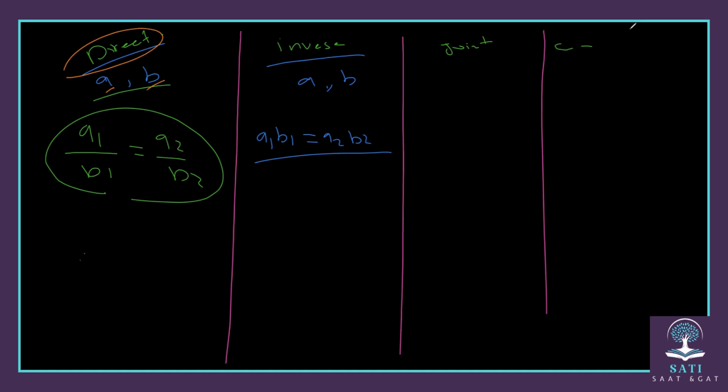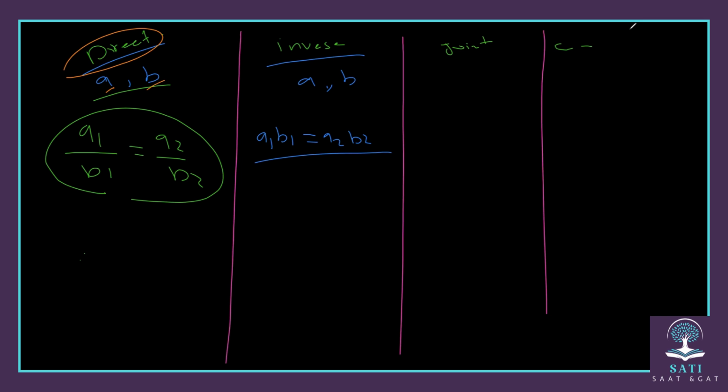So if you have two cases for the current and the voltage, directly proportional, you write them this way. Many cases we have, and we're going to take examples after questions.